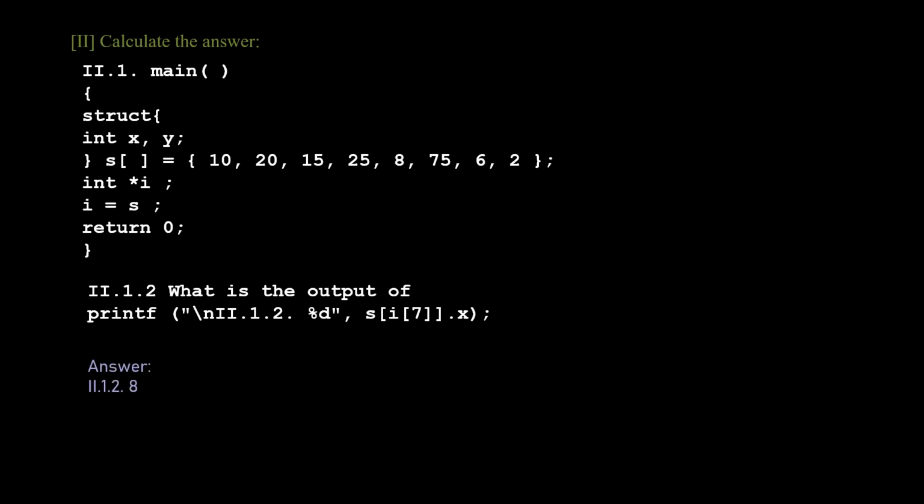Answer is 8 because I is an integer pointer, and this array has totally 8 elements. So I[7] is going to point to the last element, 2. So it is s[2].x. Here s[0] is 10, s[1] is 15, s[2] is 8. .x is also the same variable, right? So the output of s[I[7]].x is s[2].x, which is 8.